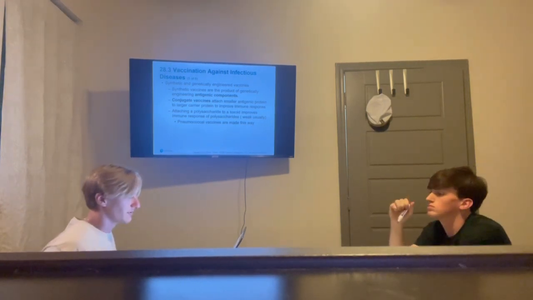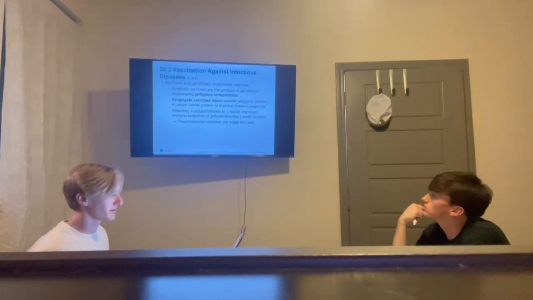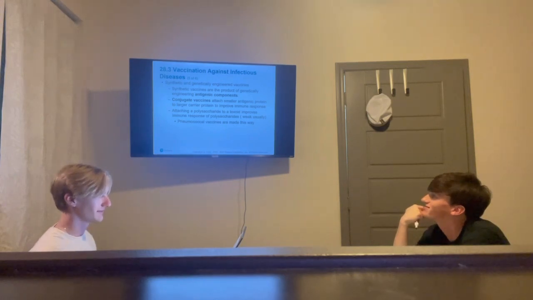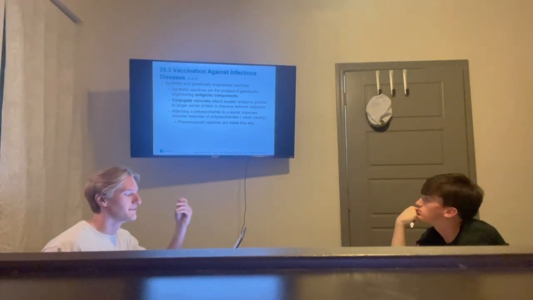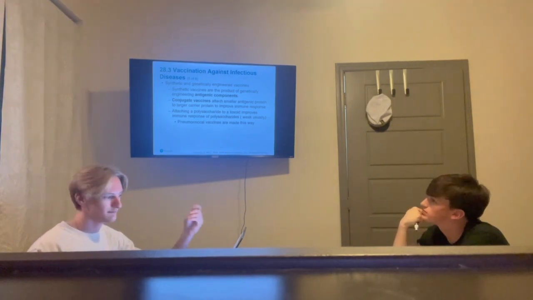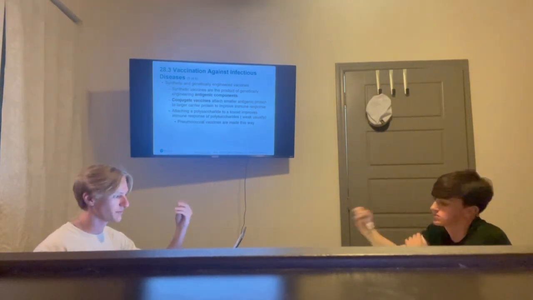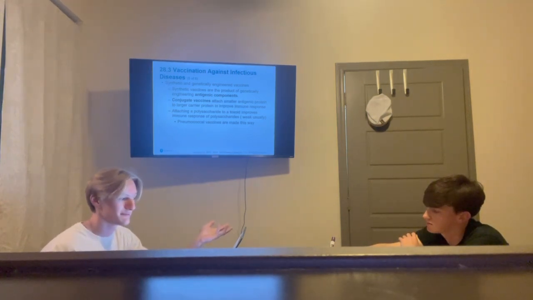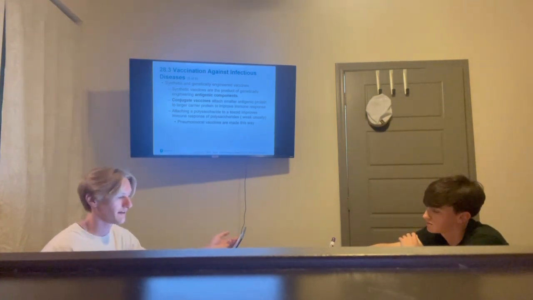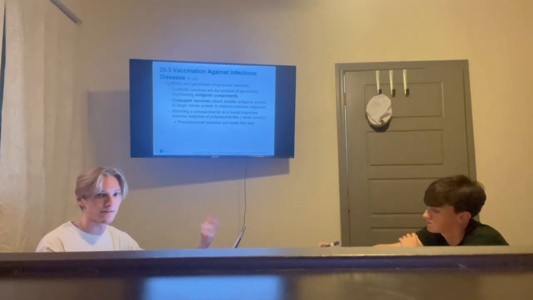And pneumococcal vaccines are made this way. So basically, we have these vaccines that are attacking not the system as a whole, but the polysaccharides and other antigenic proteins that we already have, and strengthening them to further strengthen us.